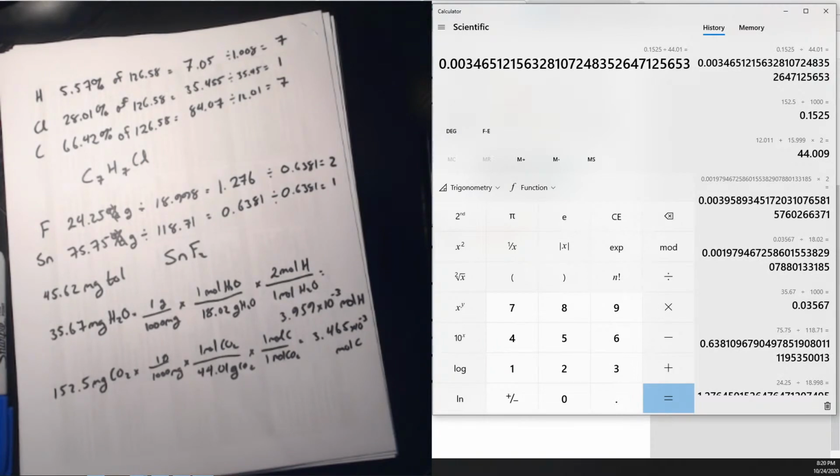Oh, bother. How did I screw up? Because toluene doesn't have any oxygen in it. Well, let's just double check my math.